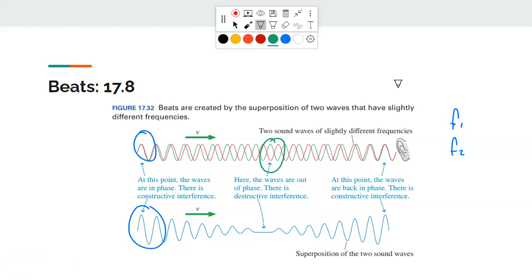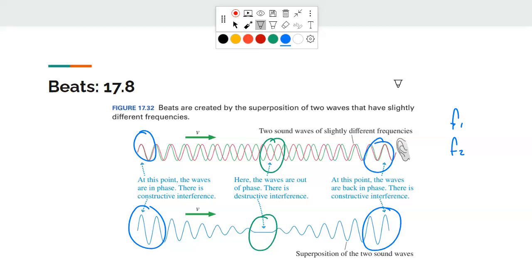So here the phase difference is pi. And so the resultant wave is just not a wave, it's just destructively interfering. So there's a node there.